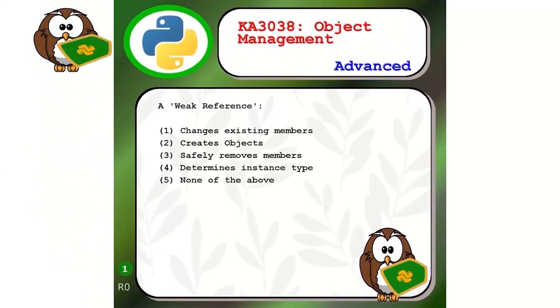Ultimately, in KA3038, our last question for this session would be an advanced one, which would ask us to identify if weak reference is either 1, a way to change existing members, 2, a way to create objects, 3, safely removes members, 4, determines instance type, or 5, none of the above.